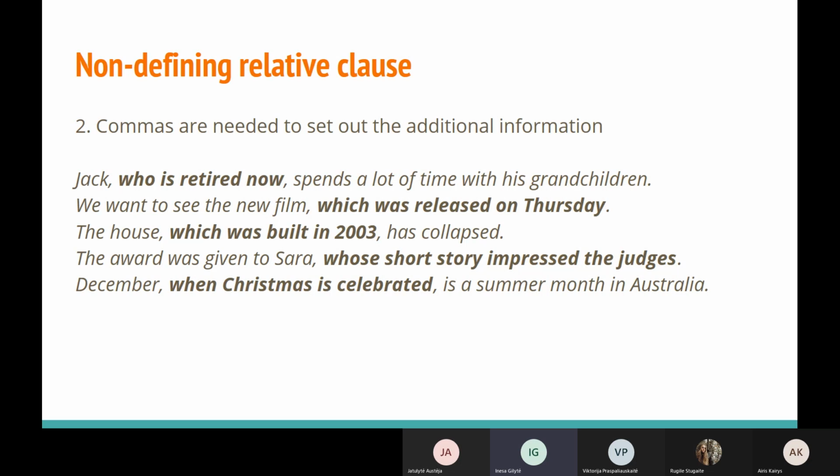So for example, when. In the last sentence, December, when Christmas is celebrated, is a summer month in Australia. As you can see, when and where can also be used as a starter of a non-defining relative clause. Again, I want to really emphasize the fact that you have to put commas at all times when writing some kind of additional or extra information in a sentence.